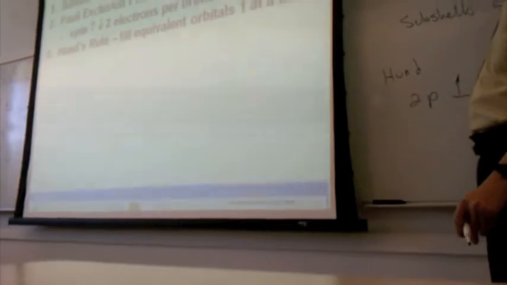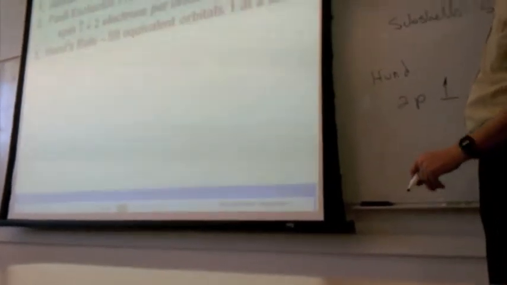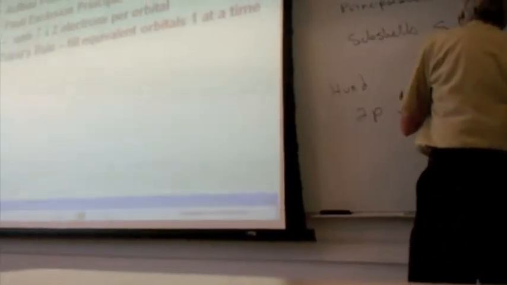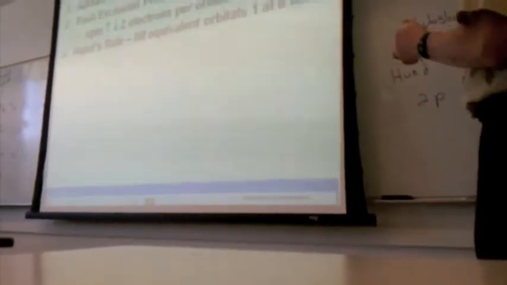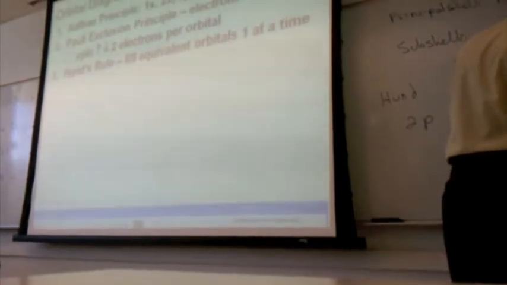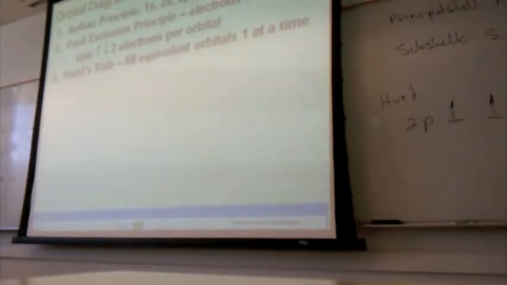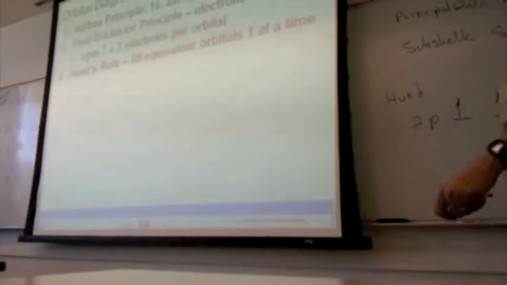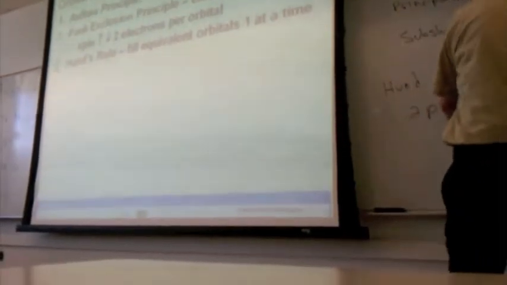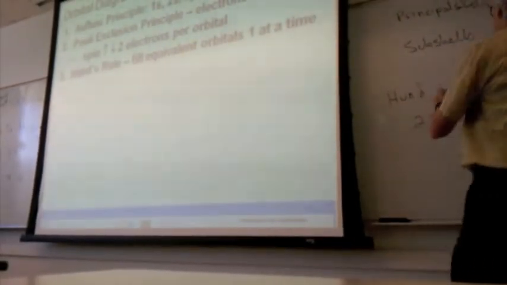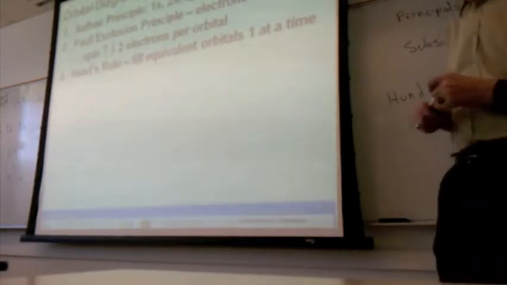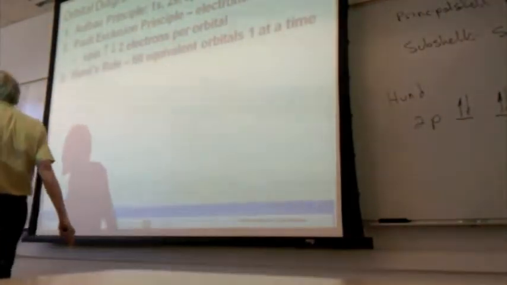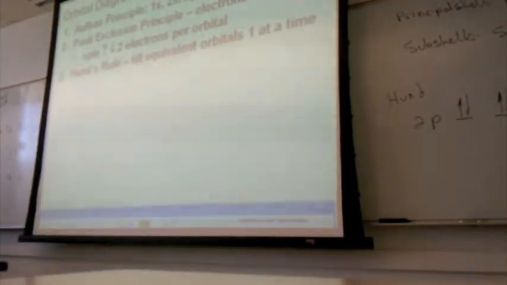We're going to put it in its own little subshell out here. That's the second electron, because each electron would be more stable if it had its own little subshell, right? And that's the third one. This is Hund's rule. This is how you fill a P or a D. Then you go back and fill them 4, 5, 6. And that's how you fill them. We're going to do some more of these. Lots of steps. Hund's rule.